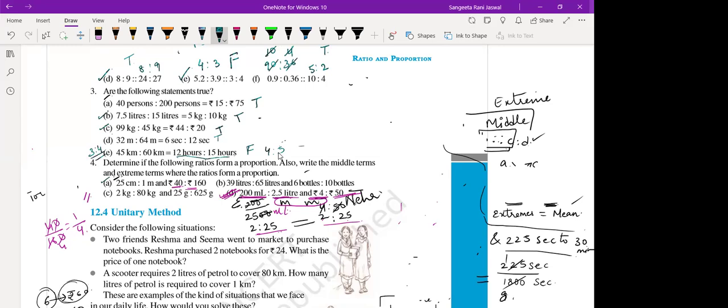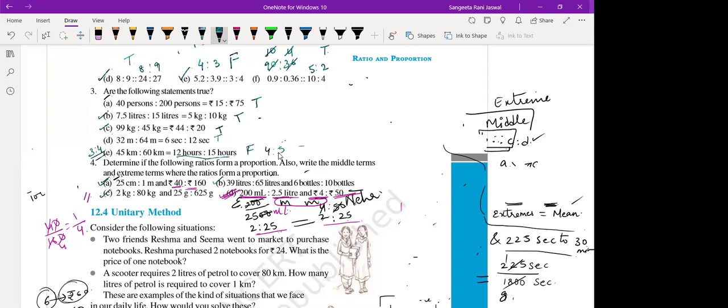Okay, now Neha, you were telling me this. Yes, Neha, tell me the middle terms and the extreme terms. Ma'am, these ratios are in proportion and the middle terms are 1 meter and rupees 40. The extreme terms are 25 centimeters and rupees 160. Okay, good. Okay, Adya, tell me this one, B bit, and Shreyansh, you do the C. 39 liters, 65 liters, 6 bottles and 10 bottles.